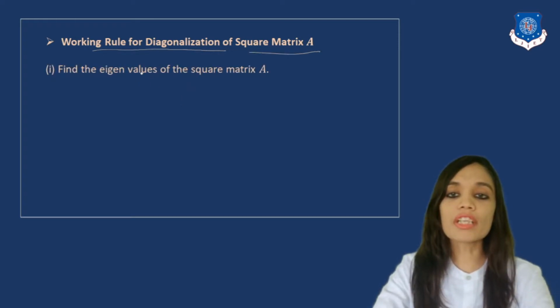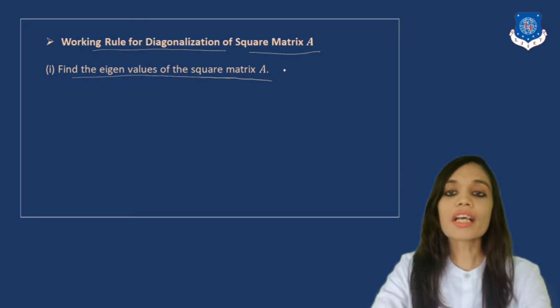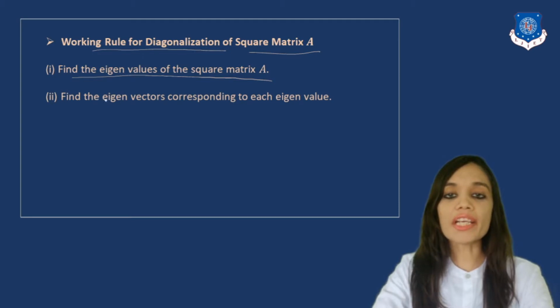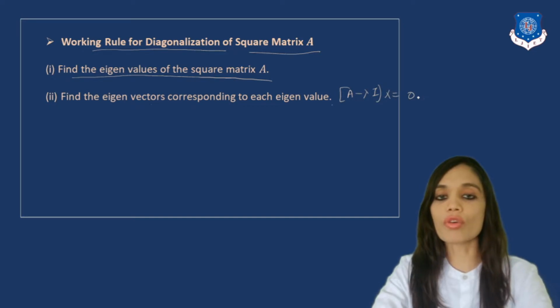Okay, so we have to begin with the first step. That is, we have to first find the eigenvalues of the square matrix A using our characteristic equation, right? Next, we have to find the eigenvectors corresponding to each eigenvalue using our formula (A minus lambda I)x equals to 0.